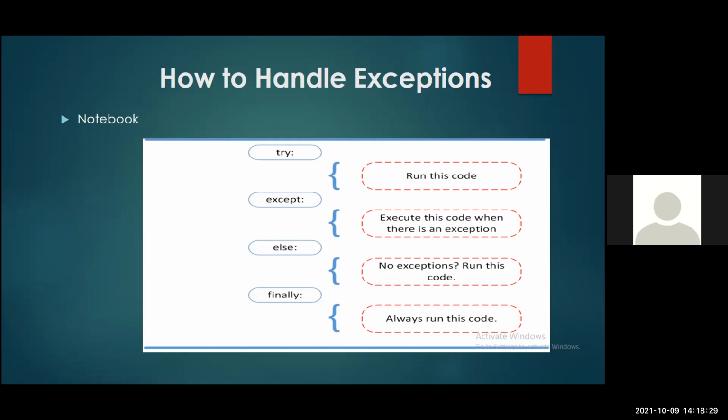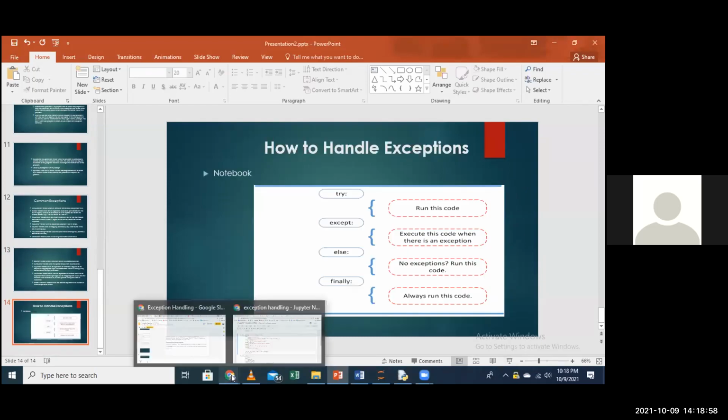Instead of giving an error, you throw an exception. So the try block and the except block are majorly the two parts. The except block executes code when there is an exception, when there is an error. So for you to understand how each block works in handling exceptions, let's go to the practical part and see it here.